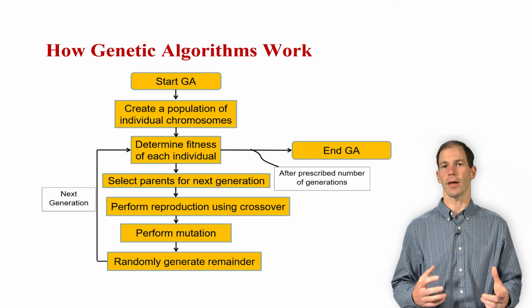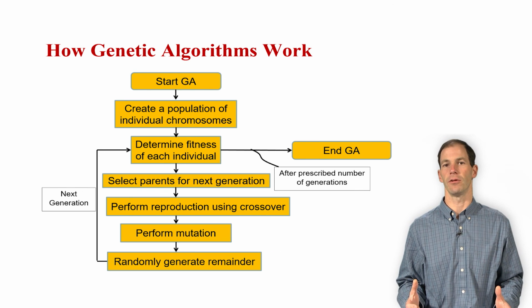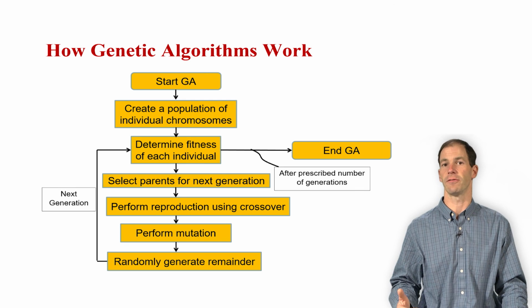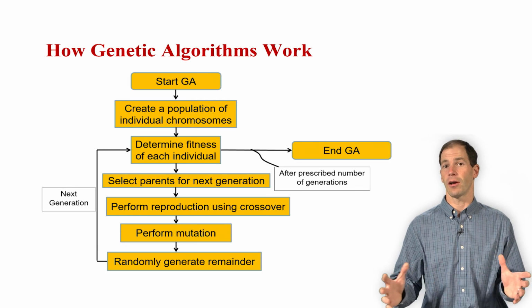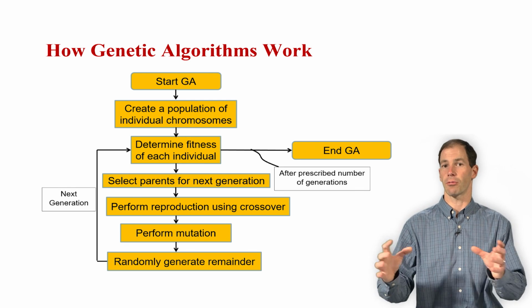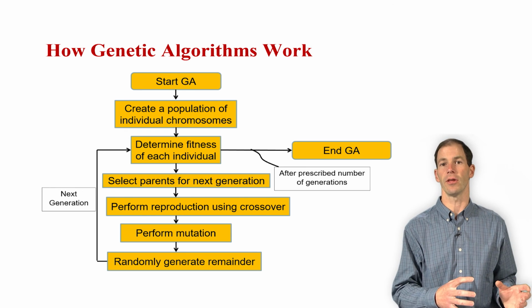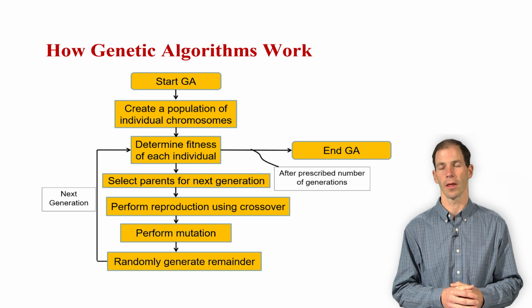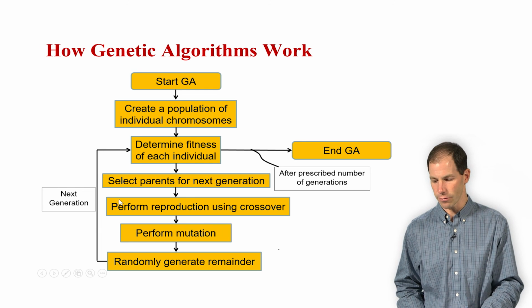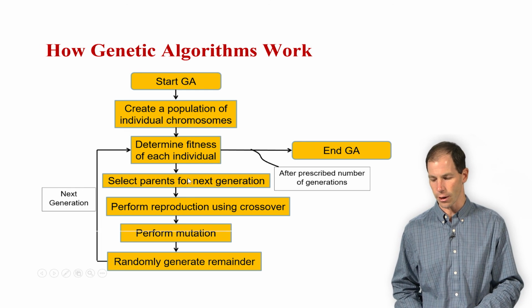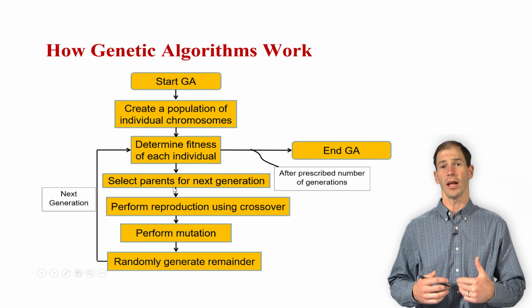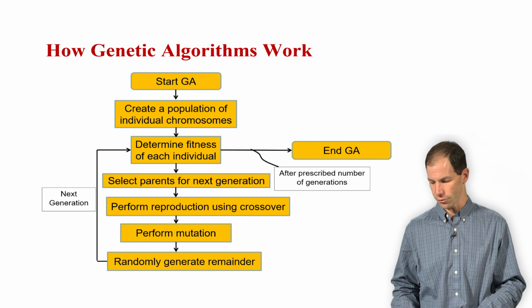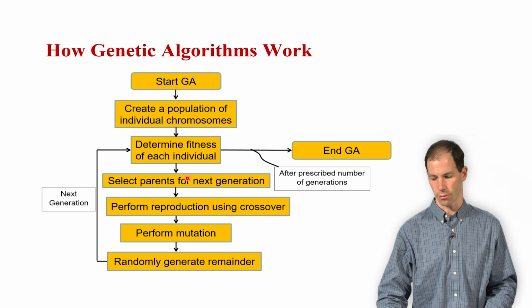And then I'm going to evaluate the fitness of each one of these individuals, which means I basically run the objective function. If I'm trying to design a mechanism that hits 3 or 4 points, I'm going to say how close it does that and come up with a value for that fitness. And then once I have the fitness of the individuals evaluated, I'm going to pick the best individuals to move on to the next generation.